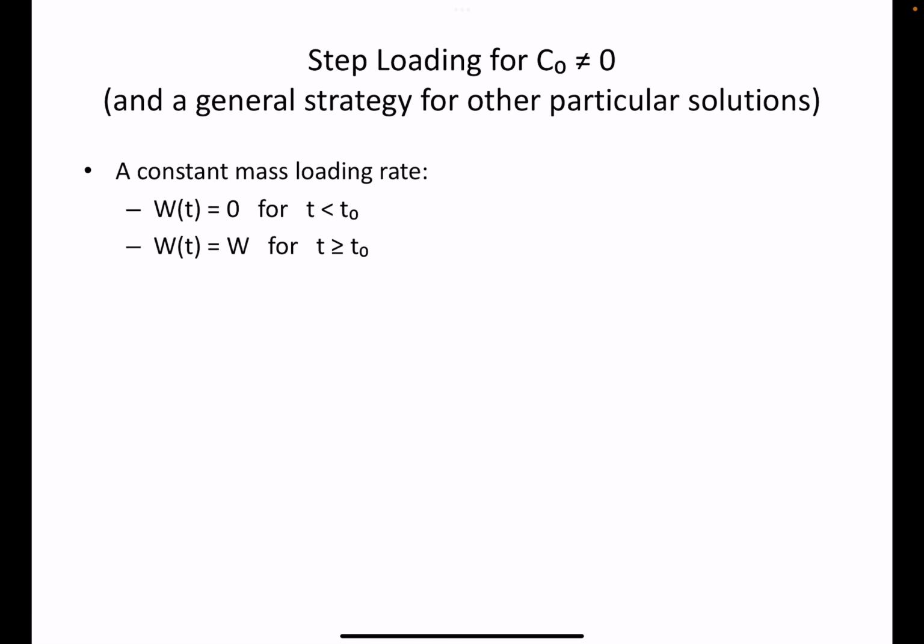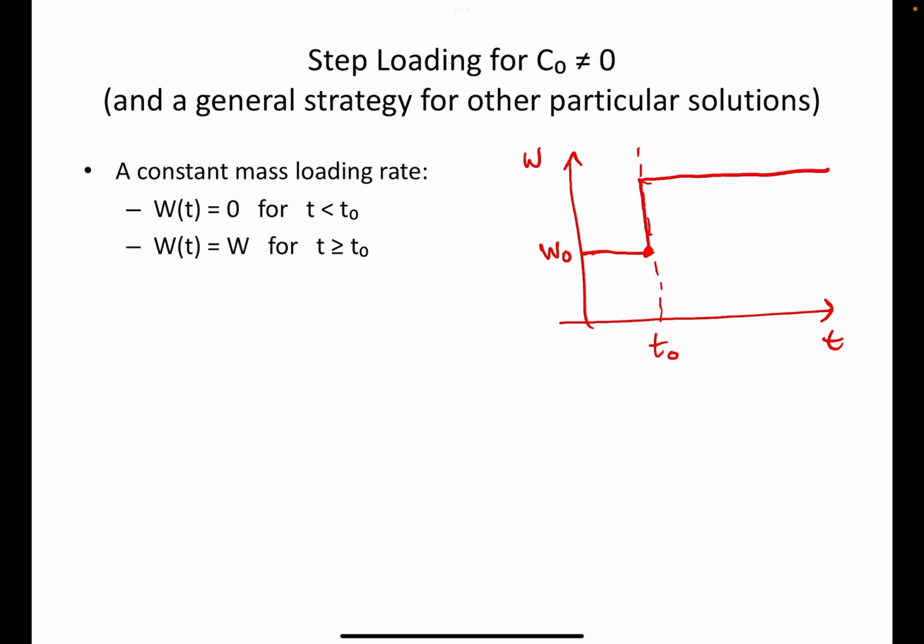Now let's look at step loading when the initial concentration inside this water system is not 0. When I say that initially it is not 0, it means that there was initial loading. At time 0, and let's just make it t naught, there was an extra load, and then later on you'll have a step loading, but when the initial concentration was not equal to 0.